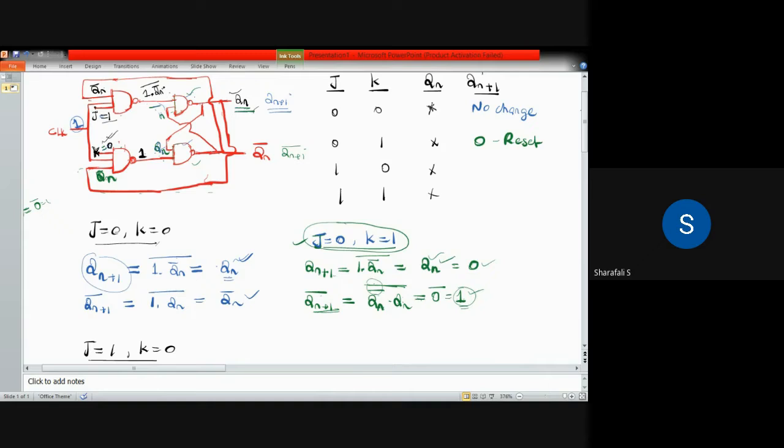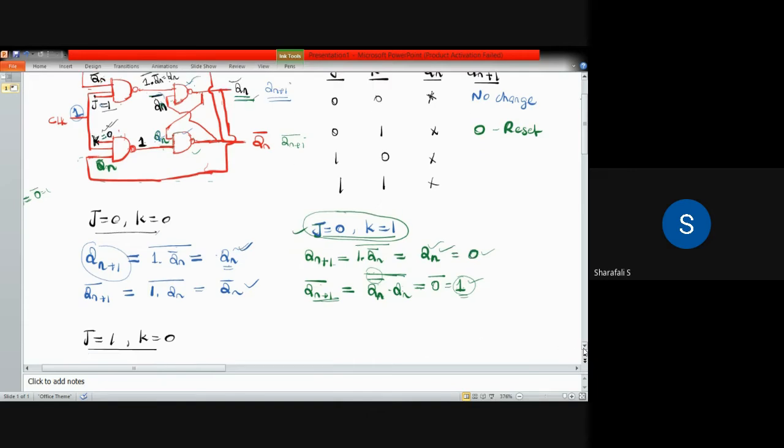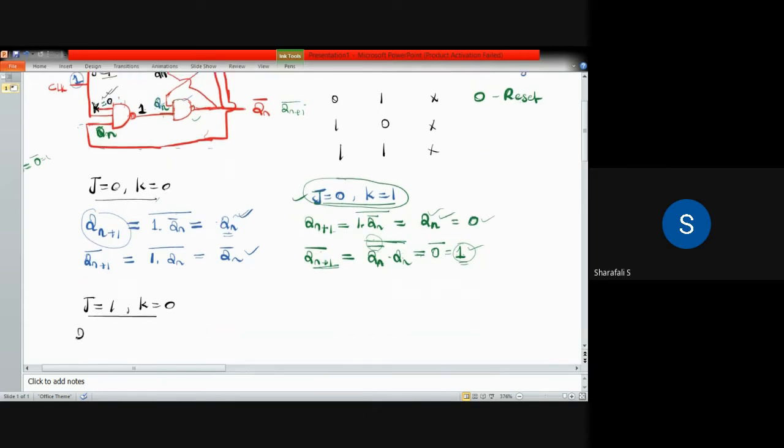This is equal to Qn. So there is Qn, and here we have Qn bar. So Qn dot Qn bar whole bar will come as Qn plus 1. The first one, Qn plus 1, will be equal to Qn dot Qn bar whole bar.